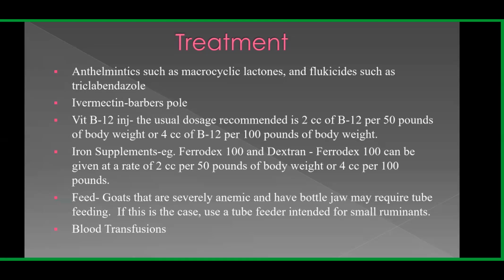Iron supplement we can give orally and parenterally. Oral supplements do not give good results, but definitely parenteral supplements, intravenous or intramuscular, like dextran, we can give. And we can rectify the feed if there is any mineral deficiency. We can replace that deficiency, or if there is an excess, we can balance it.